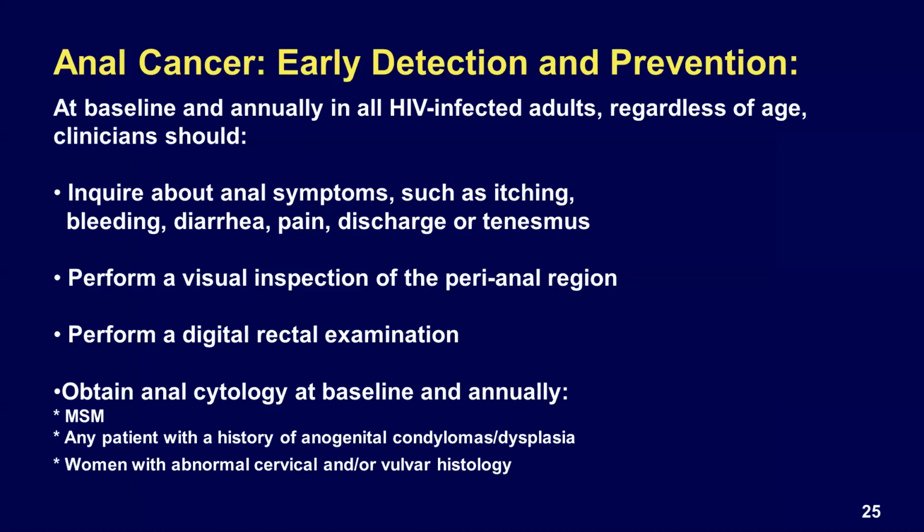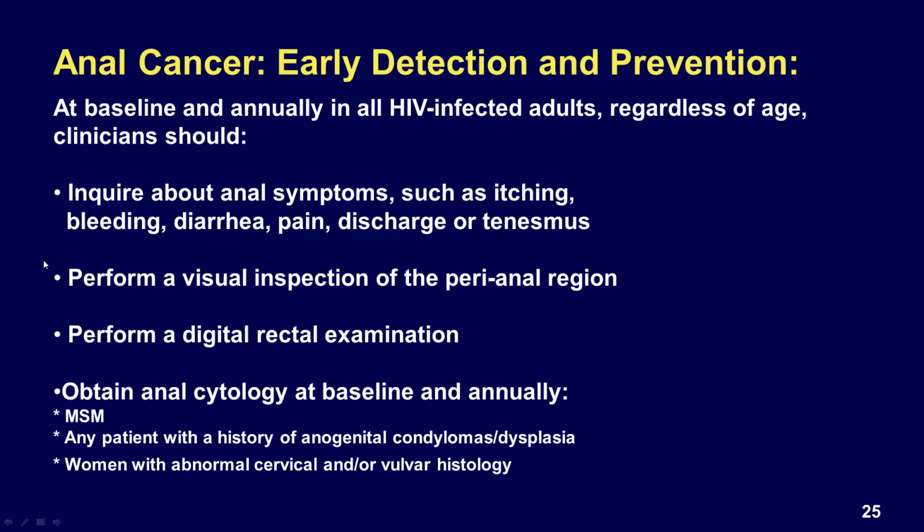So this is a very important guideline for detection and prevention of anal cancer. There are several guidelines, but we thought this is important to review with the audience today. First of all, at baseline and annually in patients living with HIV disease, regardless of age, clinicians, primary care doctors, and HIV doctors should inquire about any anal symptoms like itching, pain, discomfort, lumps or bumps. We should perform an annual anal exam, a visual examination of the anal and perianal area, and then do a digital rectal examination that can diagnose anal cancer just by that examination.